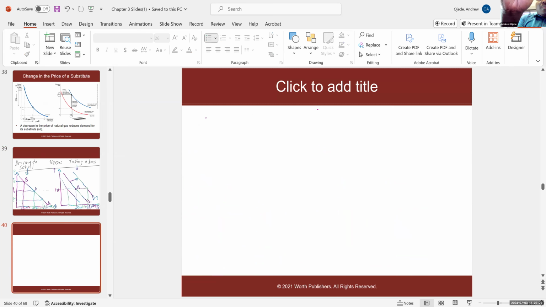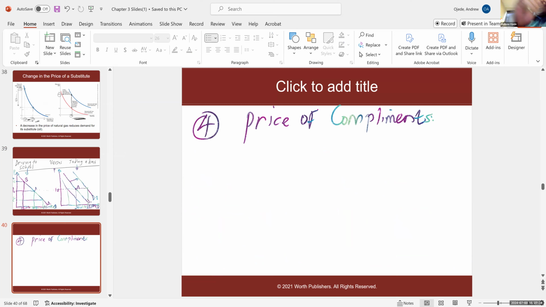So, complements: price of complementary goods. What are complementary goods? We're going to define them in two ways, in a layperson way and then in an economic way.